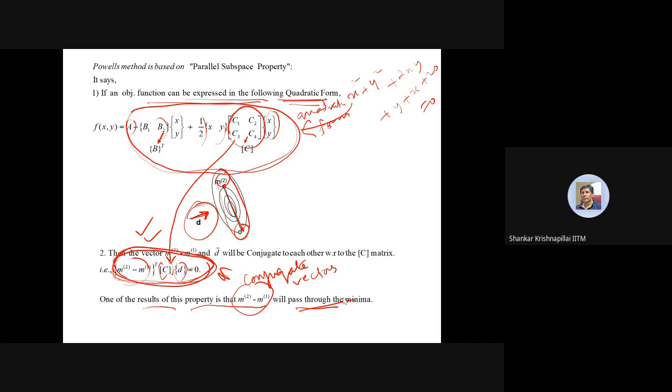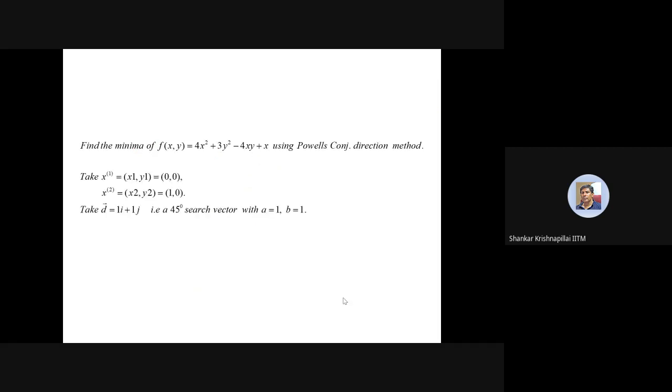We are basically not very much interested in this. We'll just look at how to solve numerical problems with Powell's method. Find the minima of this quadratic objective function using Powell's method.